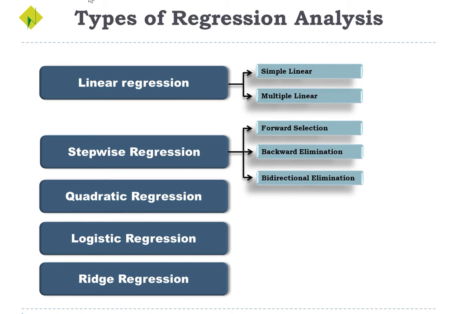Logistic regression is used to find the probability of an event like success or failure, and we should use logistic regression when the dependent variable is binary. Ridge method is used when the data suffers from multicollinearity. Generally, ridge regression is used to reduce the standard error.